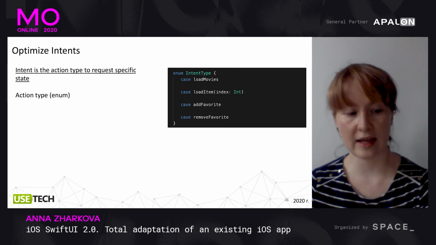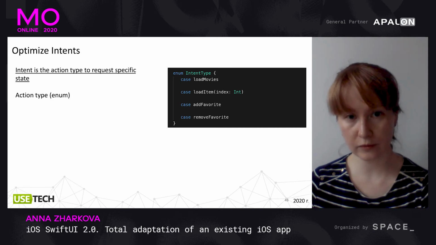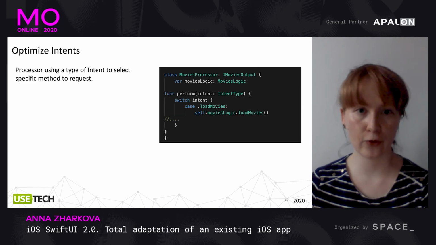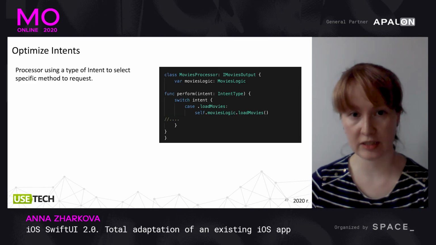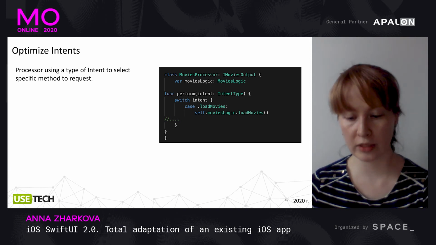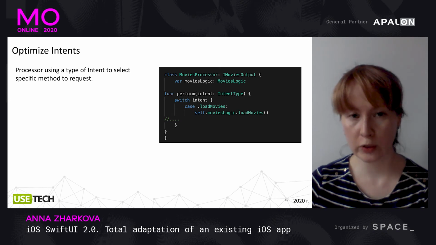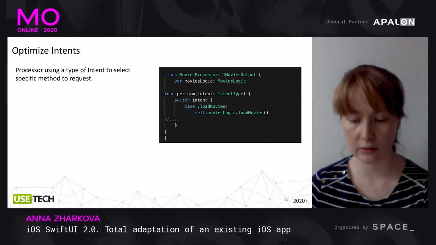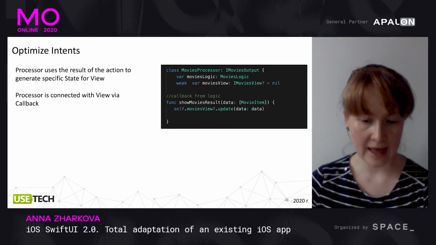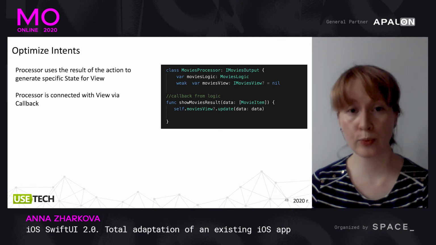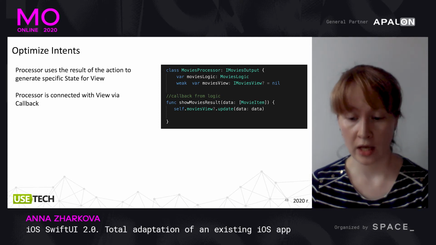So we could use an enum for our action types, and now our processor will perform some action depending on these types. For example, if we put the load movies intent type, it will call the logic for requesting loading movies. Now, when we get the result, we should put it back to our view.